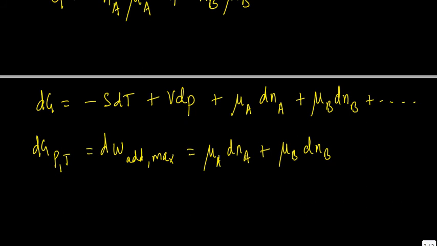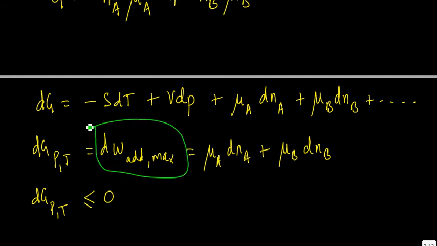And when we write dG at constant pressure and temperature is less than or equal to 0 for spontaneous processes, all I mean is that this is less than 0.